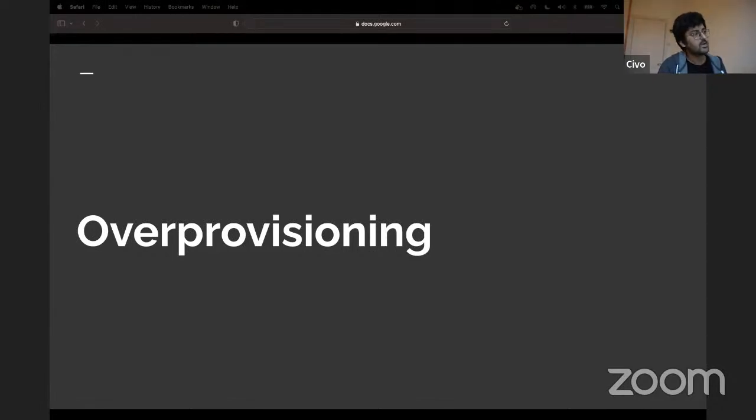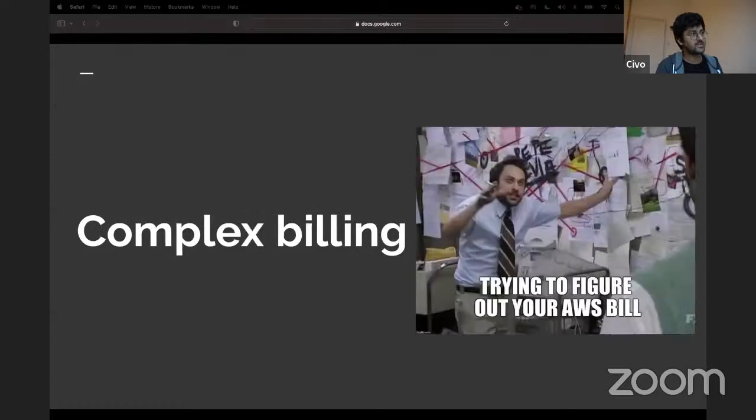The next one most people can relate to is complex billing. Cloud bills oftentimes are unintelligible for the finance department due to all the technical complexity and the jargon and all these other things. So it's also one of the key issues when we talk about what are some of the challenges that people face.